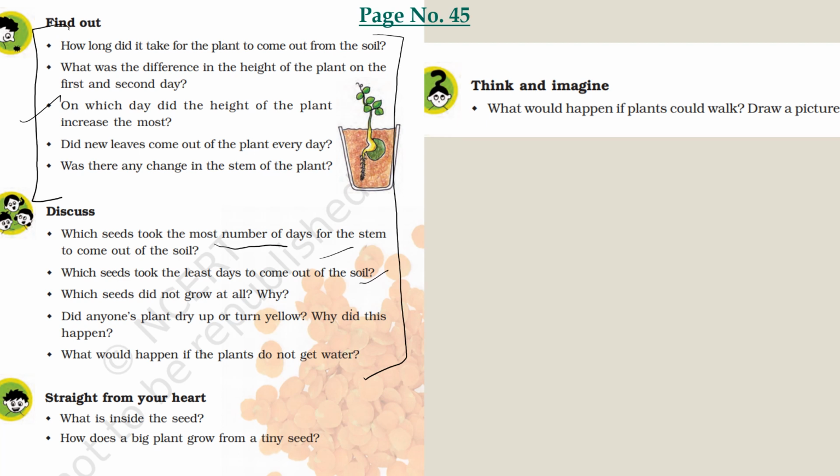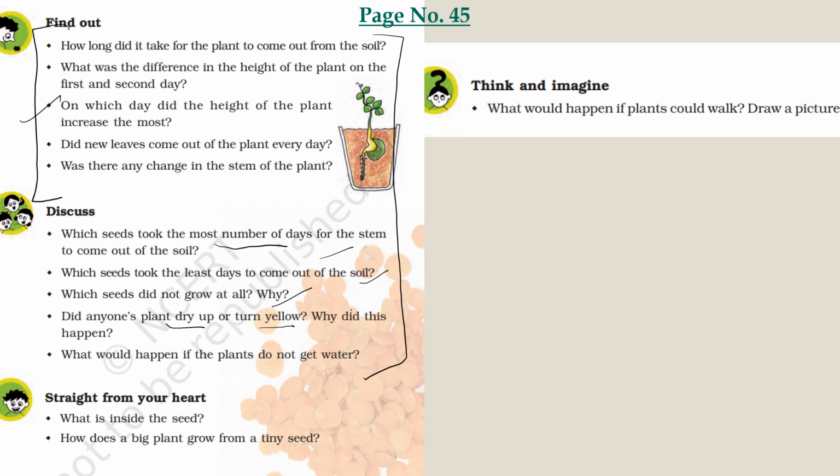Next, it says which seeds do not grow at all. So after some time you'll be able to answer this question. It says, was there any problem in your seed not growing up, and why do you think it happened? Then next it says, did your plant dry up, or did it turn yellow?